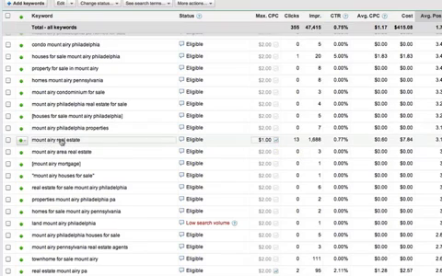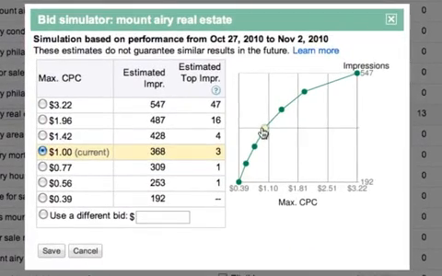So for the term Mount Airy real estate, if we click on that, we'll see that he's right in the middle of the road there, that he got 368 impressions, with 3 of them at the very top based on the $1 current budget for that particular keyword. If he were to bump that up to the $3.22 as the guideline bid, remember, that's not the actual amount that you're going to pay.